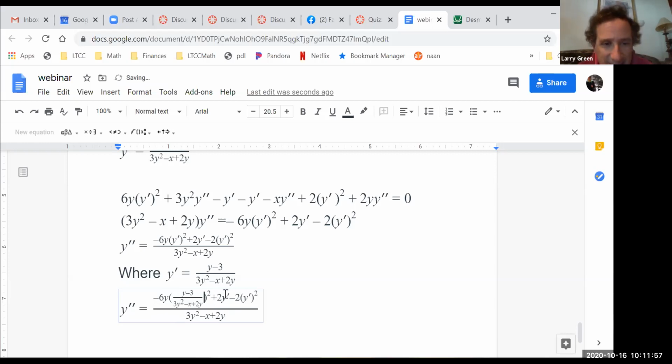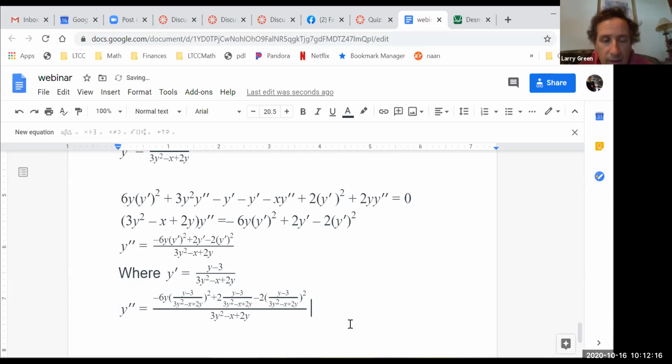Yeah, let me do it. Good. So now I just have to take all those y primes and turn them into what we have for y prime. Okay, and yeah, it's very messy.